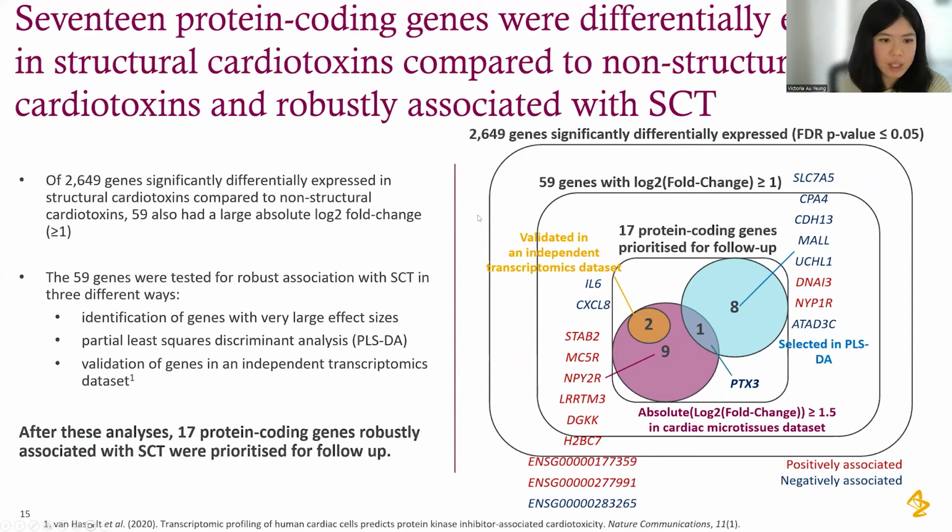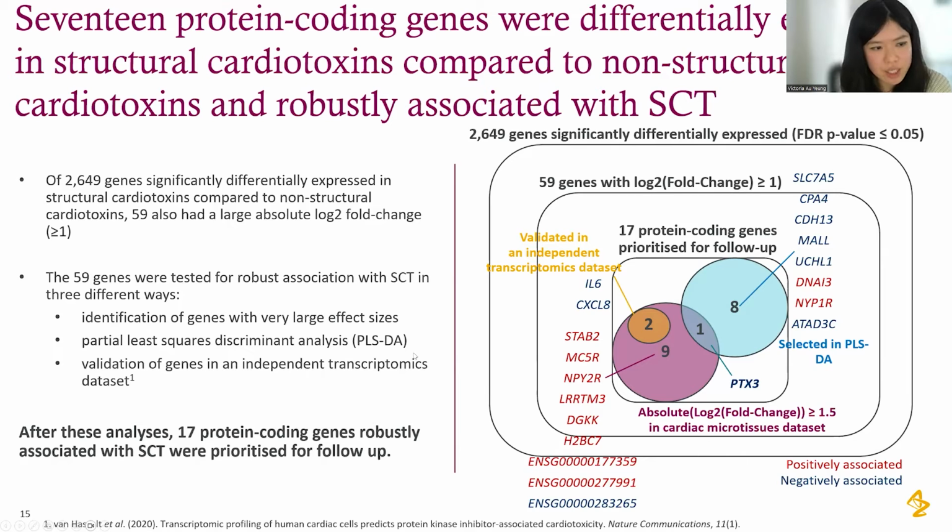And then we applied a few more different methods of filtering down the set of 59 genes. The first method we took was to make this log2 fold change threshold even larger. So when we subset to 1.5, we then had fewer genes which came out with large fold change effects.